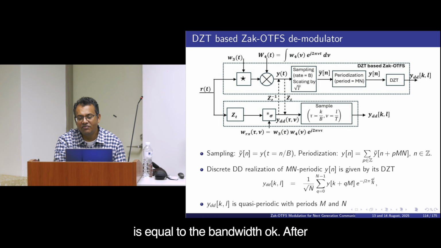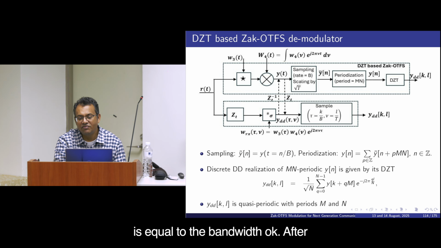Then that is this signal y[n], and by design y[n] is periodic with period MN. So now I have a y[n] which is periodic with period capital M times capital N, and I can do the opposite of what I did at the transmitter. At the transmitter I did the IDZT, which took your x_DD to x[n]. Now I will do the opposite.